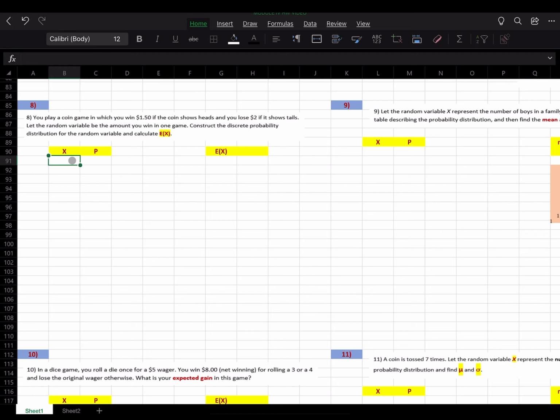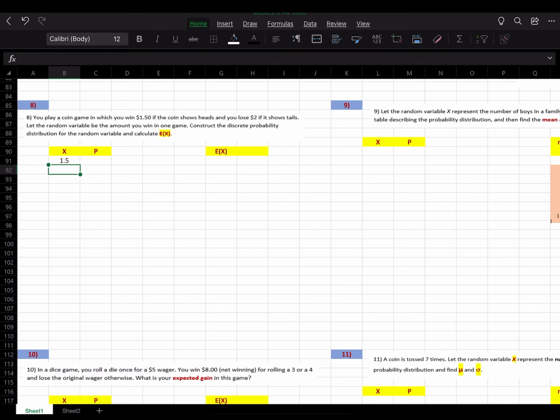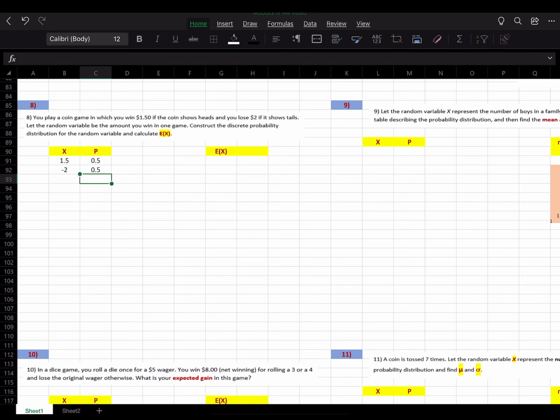I win $1.50, so 1.50 is a positive, or I lose 2, so minus 2. Okay, and it's heads and tails, so each one is 0.5, 50-50. It's a fair coin. All right, there's your probability distribution. It's pretty straightforward. Now it says calculate the expected value.